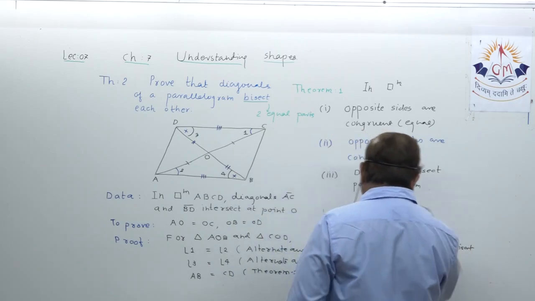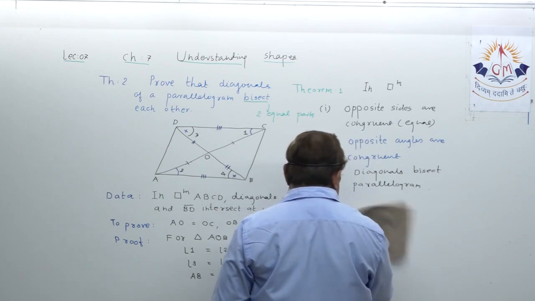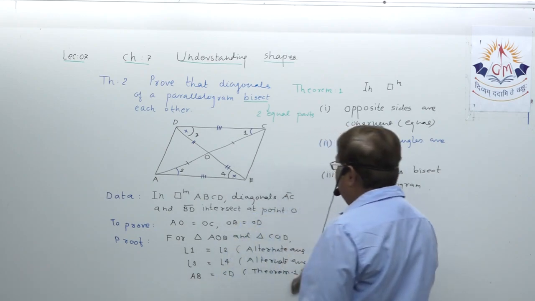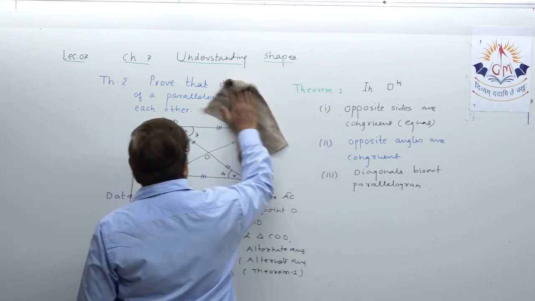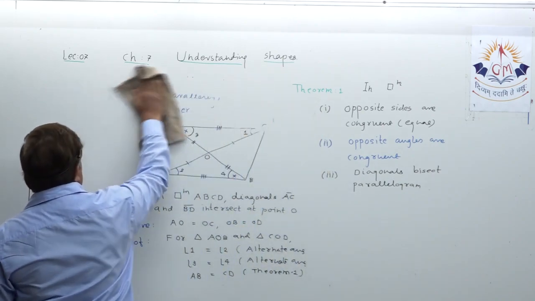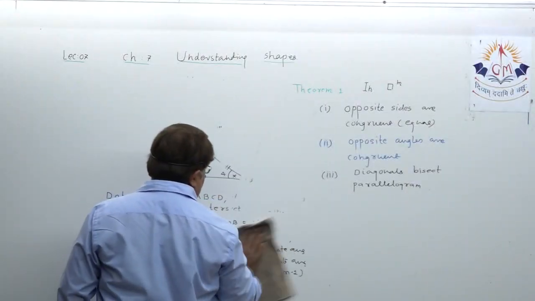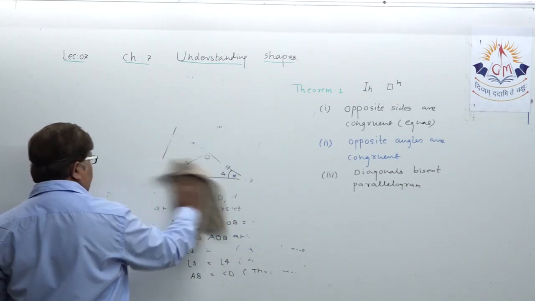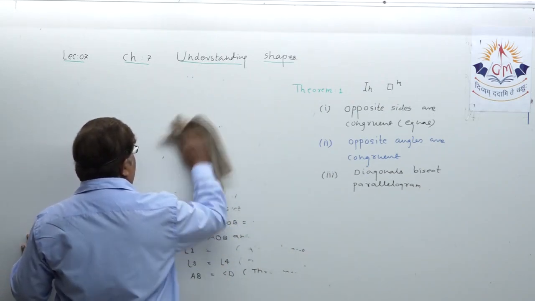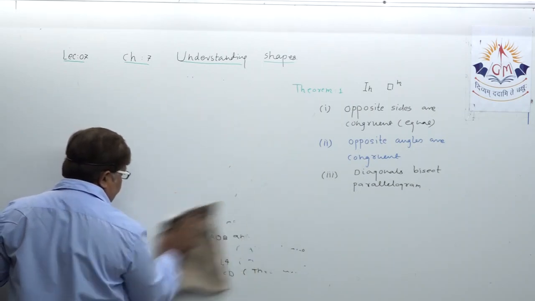Okay, so this concept is clear. Diagonals of a parallelogram bisect each other. Okay. What is that? Diagonals of a parallelogram bisect each other. Okay.